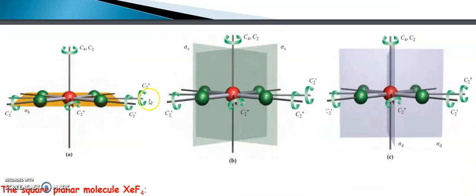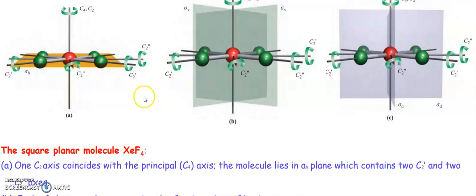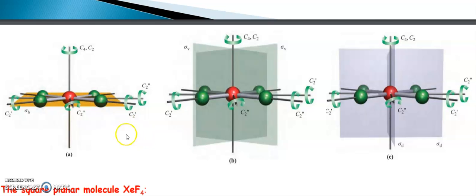The effect of the last operation is the same as that of the identity operation acting on ammonia in the initial configuration. Now you can see the square planar molecule XeF4. So we have many C2 axes. This C2 is passing through this Xe-F bond, another, and there is also a perpendicular C4 axis which is passing along the Xe.